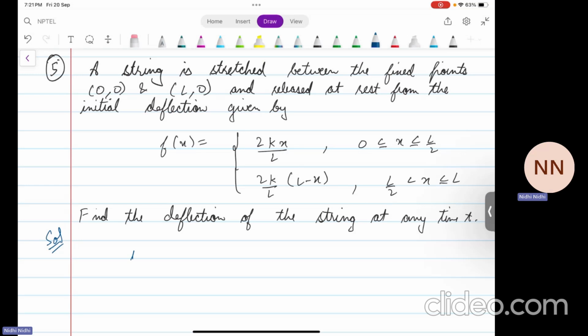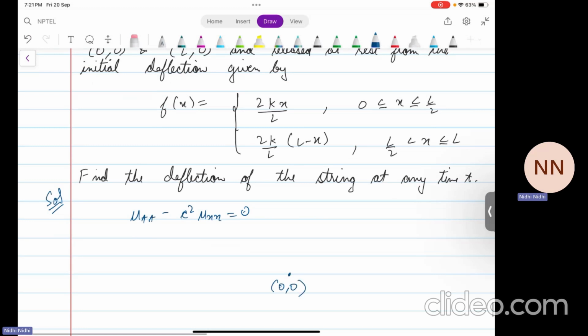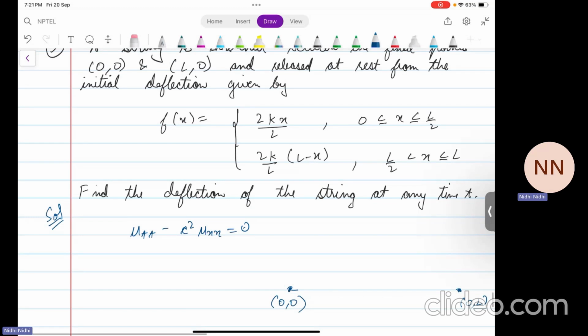So that is u_tt minus c square u_xx is equal to 0. Now see, we are given that the string is fixed at the points. So let this point be (0,0) and this point be (L,0). So the string is fixed here and here, and there is a deflection initially.